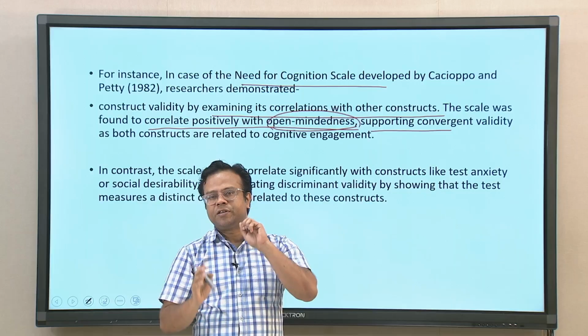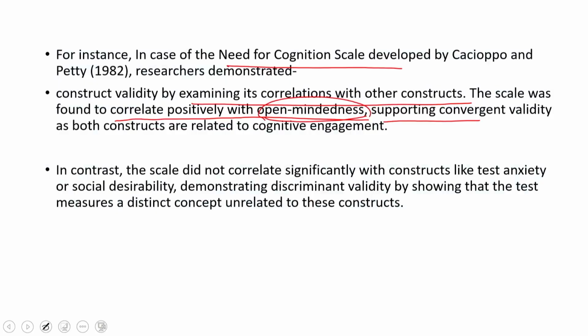How did they establish discriminant validity? They established discriminant validity when the scale did not correlate significantly with constructs which are very dissimilar or unrelated, like test anxiety or social desirability, which demonstrates discriminant validity by showing that the test measures distinct concepts unrelated to this construct.